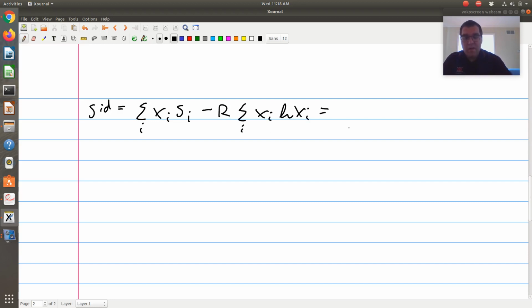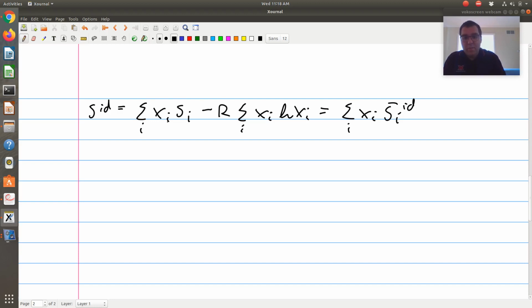And we said that S ideal could equivalently be written as the sum over i of x_i S bar_i ideal, the molar average of the partial molar properties. So again, these two expressions must be consistent.